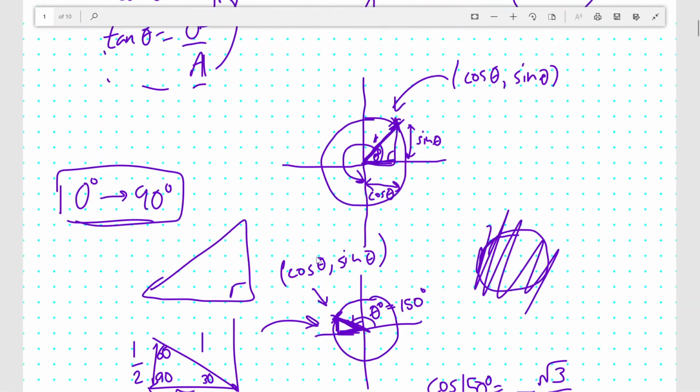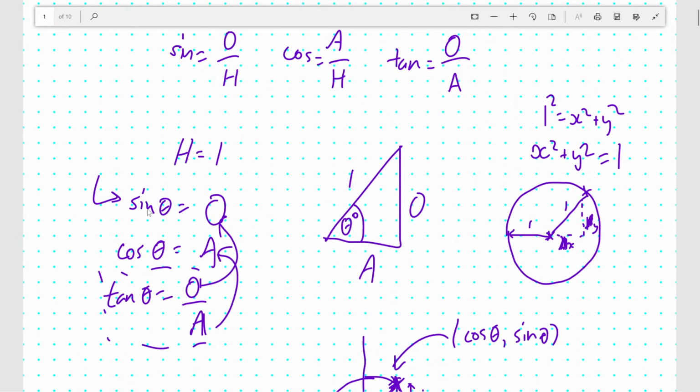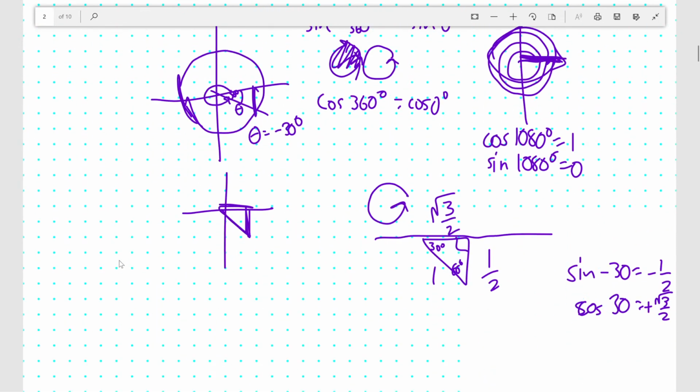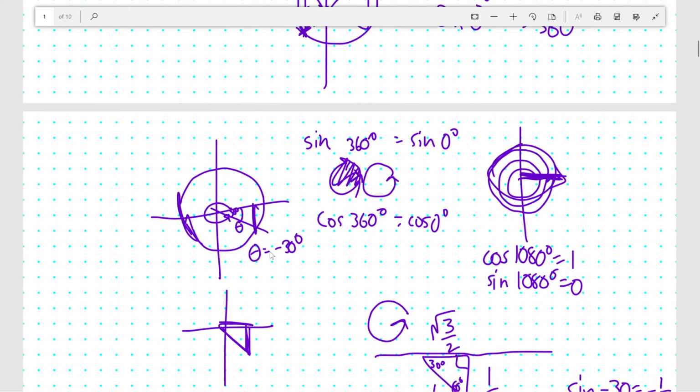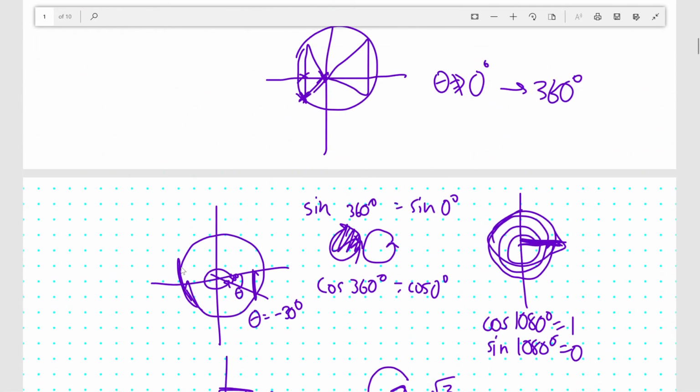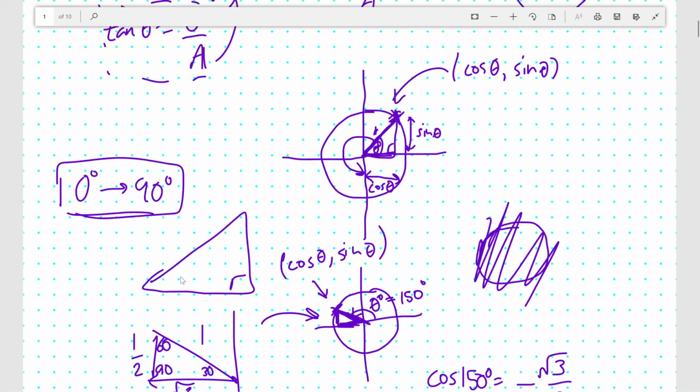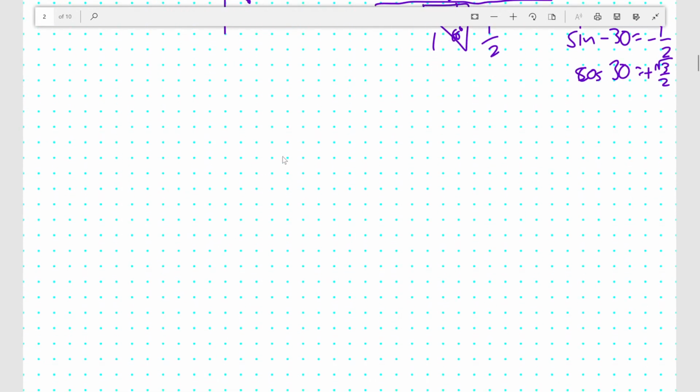But we're going to talk about this relationship between sine, cosine, and tangent in the next video. But for now, I'm going to wrap up this video with a recap of the fact that the unit circle is the graph of a circle with radius 1.